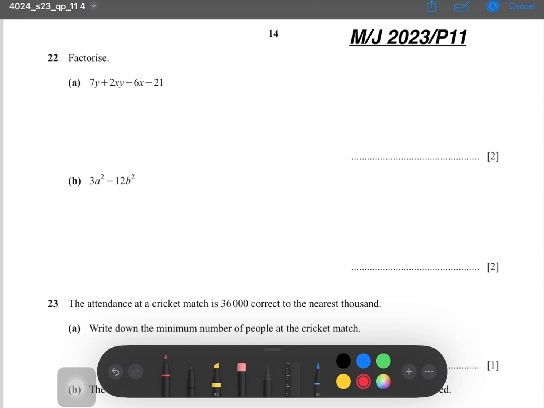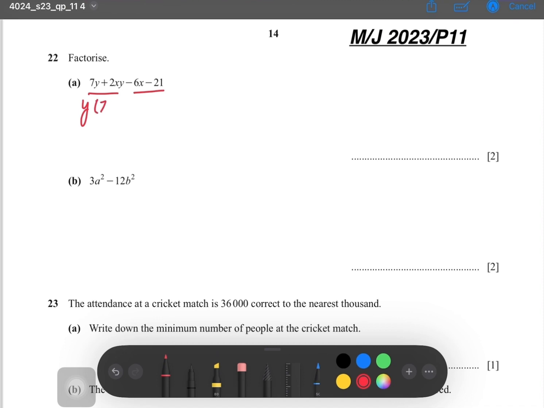In question number 22, factorize. So part A, 7y plus 2xy minus 6x minus 21. There are 4 terms. So we will do it by grouping method. I will take a common from the first 2 terms and I will take some number from last 2 terms. So I can take y as a common.